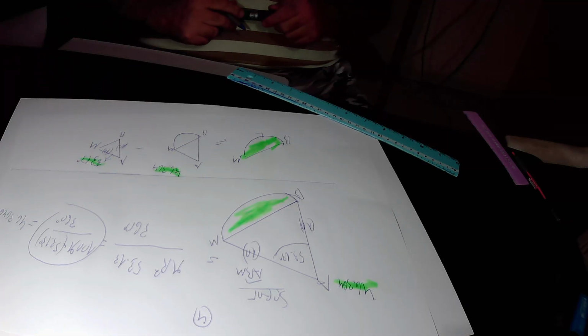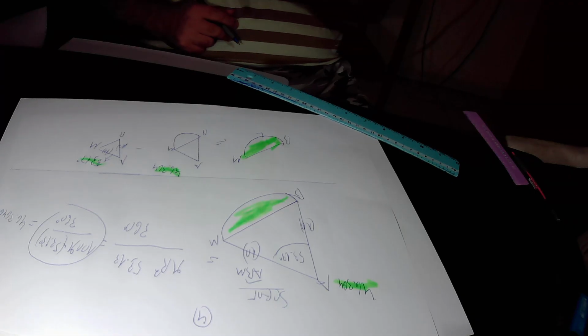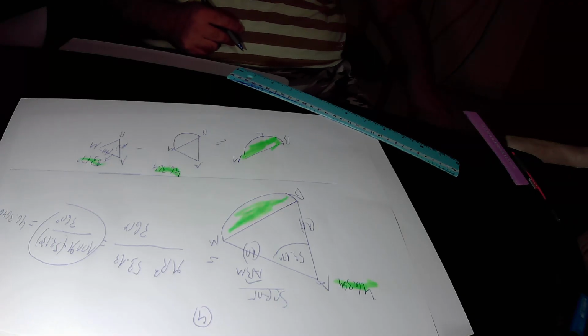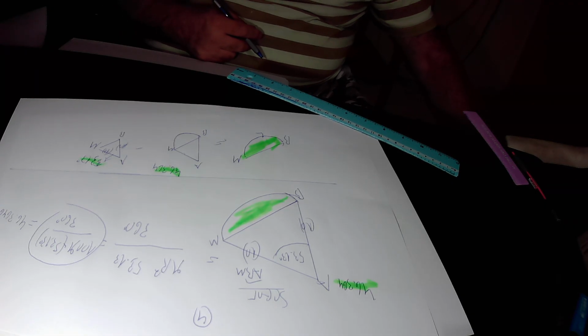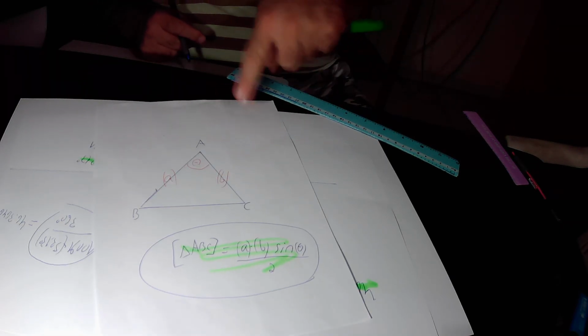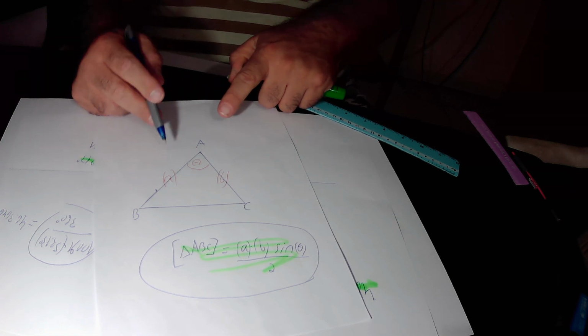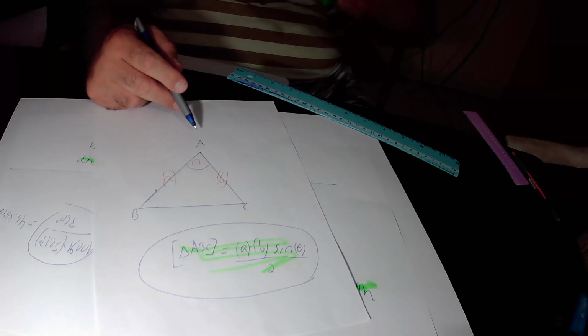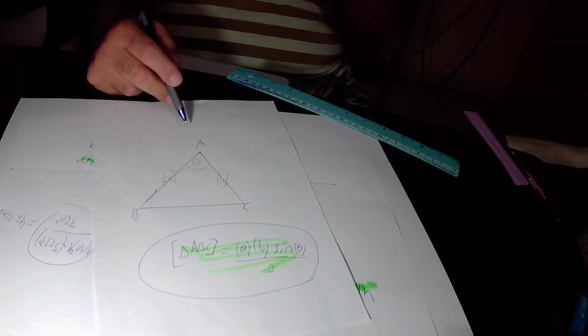So in the next step, I will present to you a new formula that will help us find the area of any triangle. This is triangle ABC, which could be any triangle. In triangle ABC, side AB equals a units in length, side AC equals b units in length, and the angle between side AB and side AC is theta.